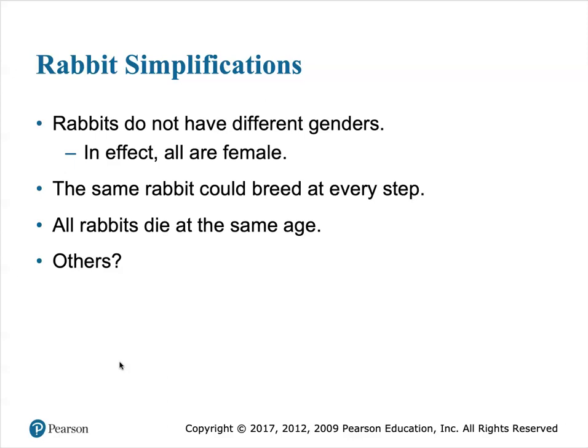And of course, there's a reason why the phrase is they breed like rabbits, because rabbits are prolific breeders, but they can't breed every step if the time step is supposed to be every day or even every week. So, this could be a choice for the simulation that throws off some of the results. Also, all rabbits die at the same age.